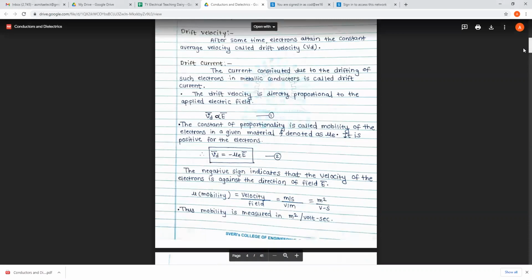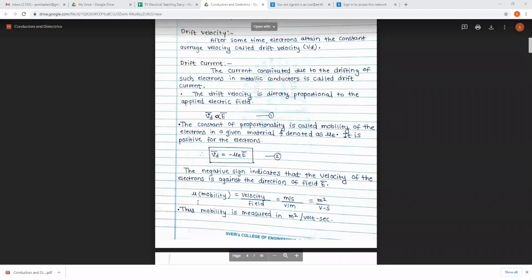And why is there a minus sign? Because the velocity of electrons is against the direction of the electric field. Can anyone explain or tell me why the direction is opposite to E bar? Okay, no problem.